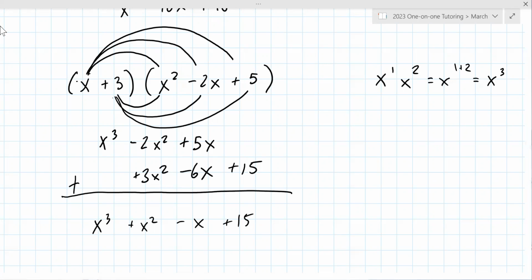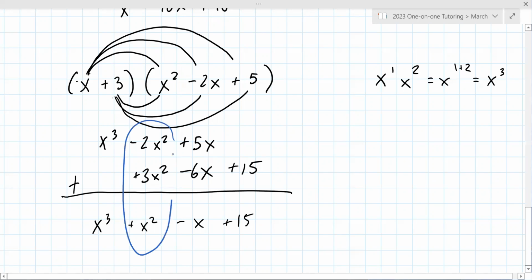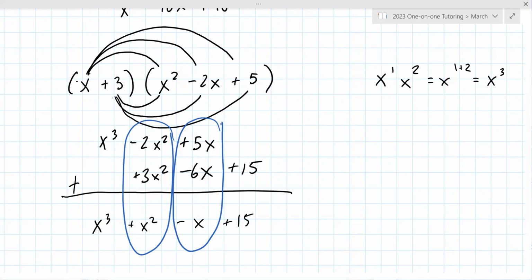I'm trying to add them. Okay, so you want to add them vertically, like they're in columns where they go together. Oh wait, those are both x's, never mind, that looked like a plus for a second. Okay, so there's a perfect amount to add together.